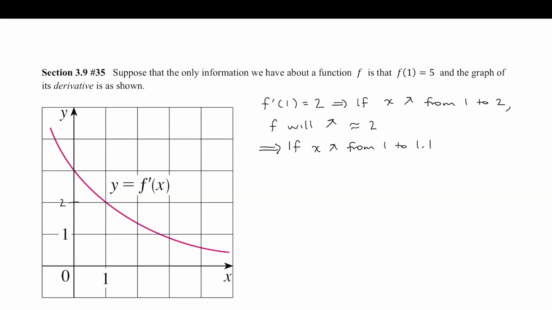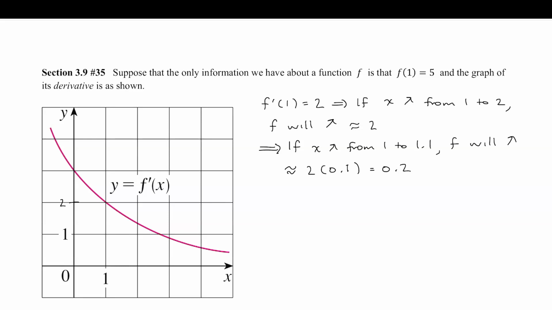And by the time we get to x equal 2, there will be a new instantaneous rate of change, but it's an approximation. And that actually means we can prorate that. If x increases from 1 to 1.1, so instead of increasing by 1, it increases by 1/10, then f will also increase by 1/10 of 2.